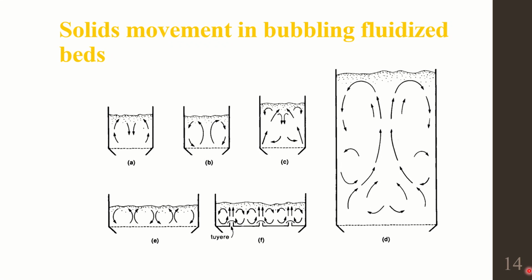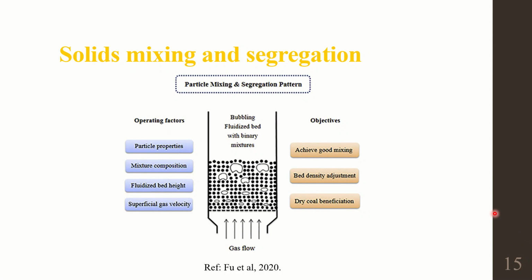So it is very much essential to understand what is happening inside the bubbling beds, so that we can understand the solids moving pattern. One more thing is, if we are dealing with a single particle inside the bed, that is a different story.